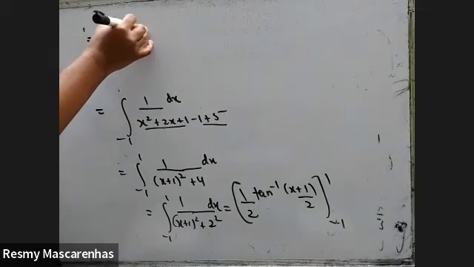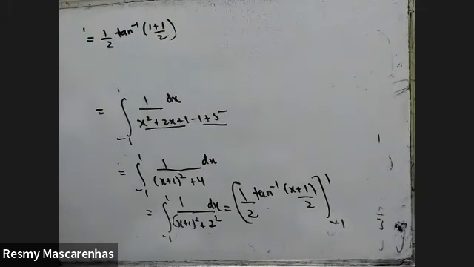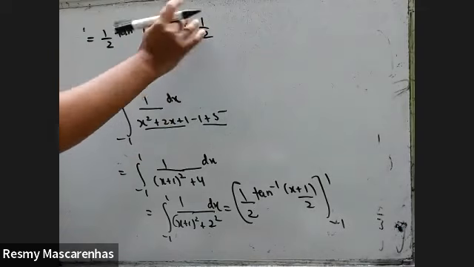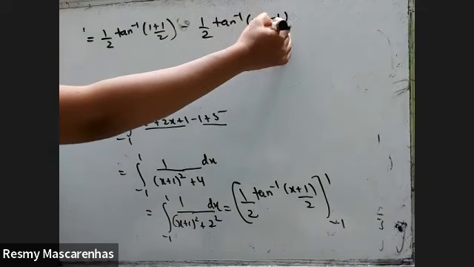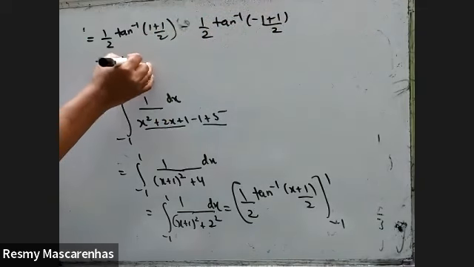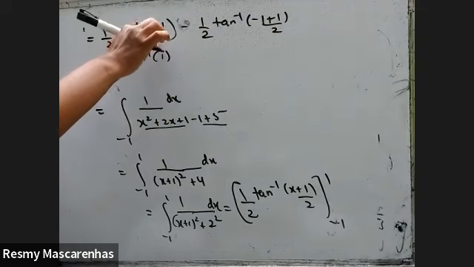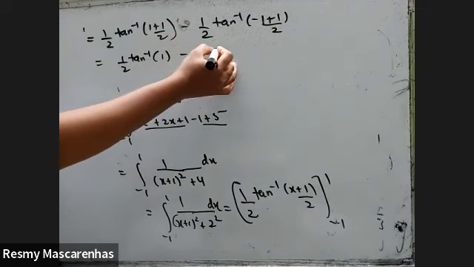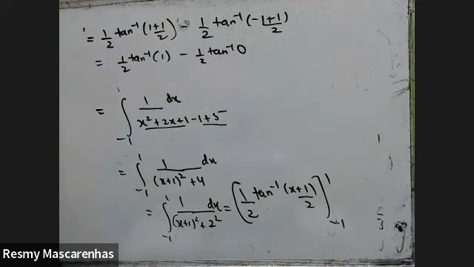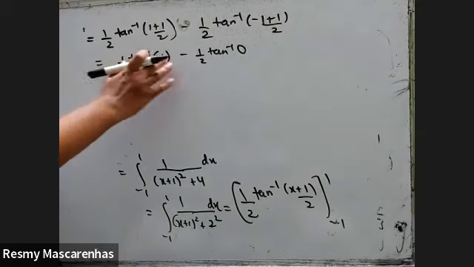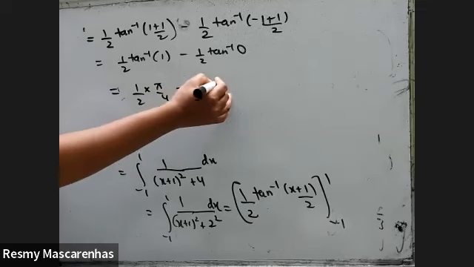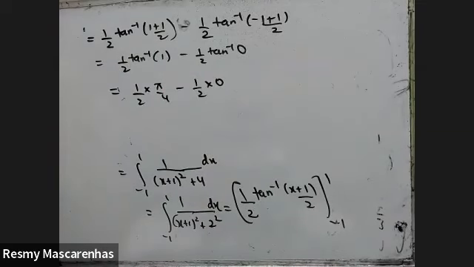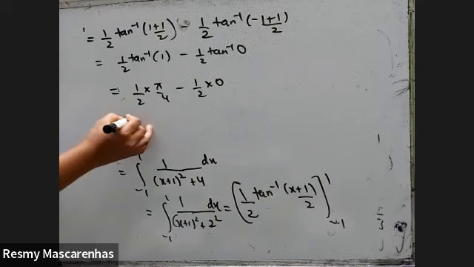Half tan inverse of 1, because 2 upon 2, minus half tan inverse of 0, because 0 upon 2 will be 0. You know that tan of 45 is 1, so this is pi by 4, and tan of 0 is anyway 0. The answer is pi by 8.